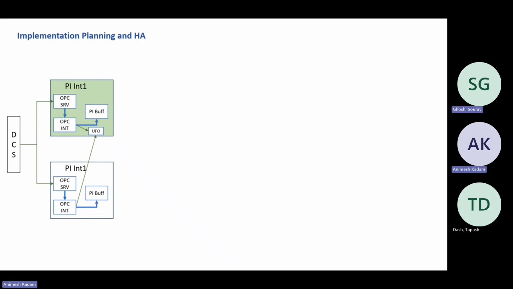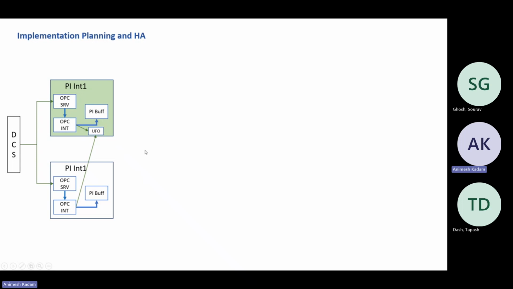It totally depends on your bandwidth between your interface and your PI server. If you are collecting thousands of values, like 10,000 values at the same time, which we don't suggest our clients do, we keep offsets.